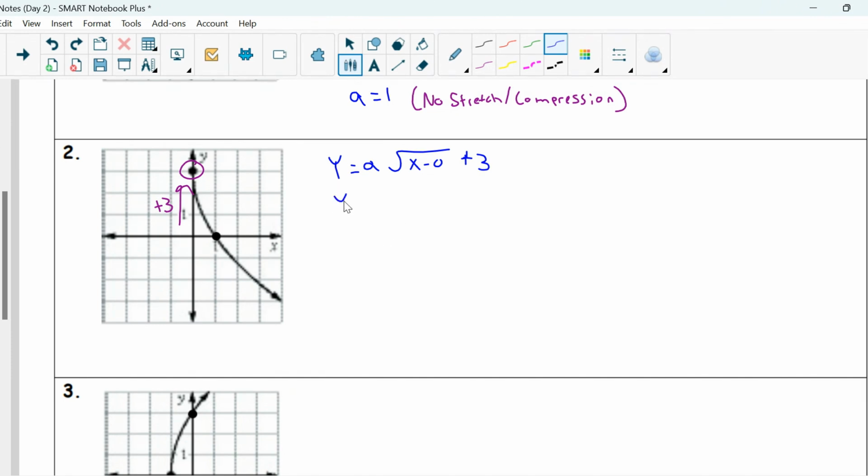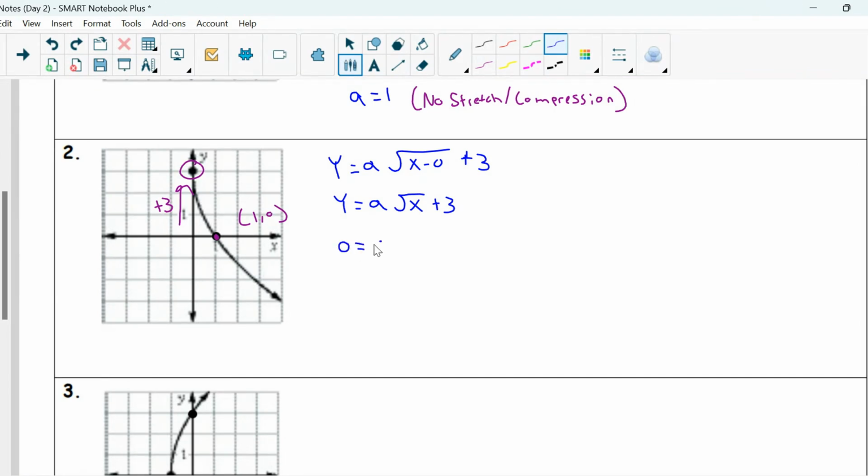I can simplify this to be y equals a times the square root of x plus 3. Now, just like the previous example, we are going to substitute a point in to solve for our a value. I'm going to choose the point that they give us right here, 1, 0, and sub that into my function.